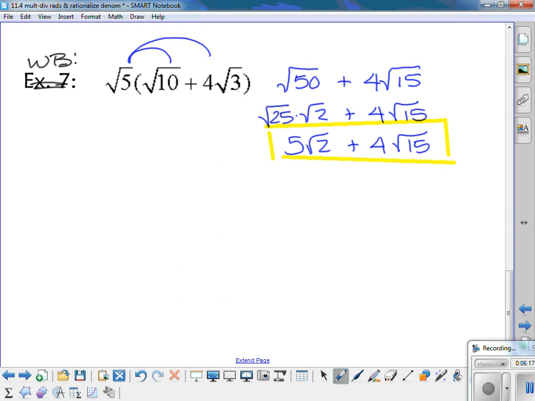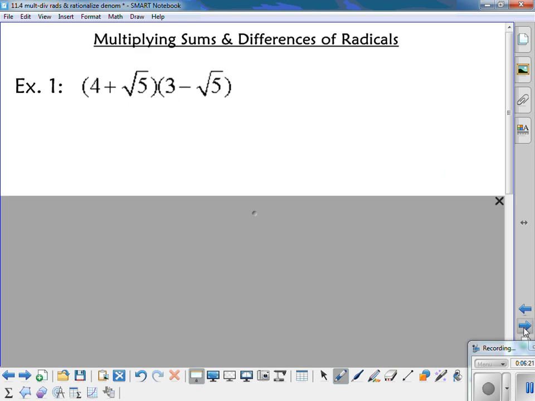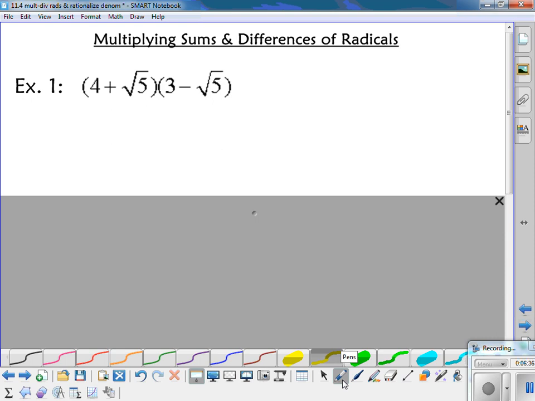All right, so now we're going to talk about dividing. Oh, no, we're not. We're going to talk about multiplying sums and differences. It's still like you did with binomials where you just distribute.